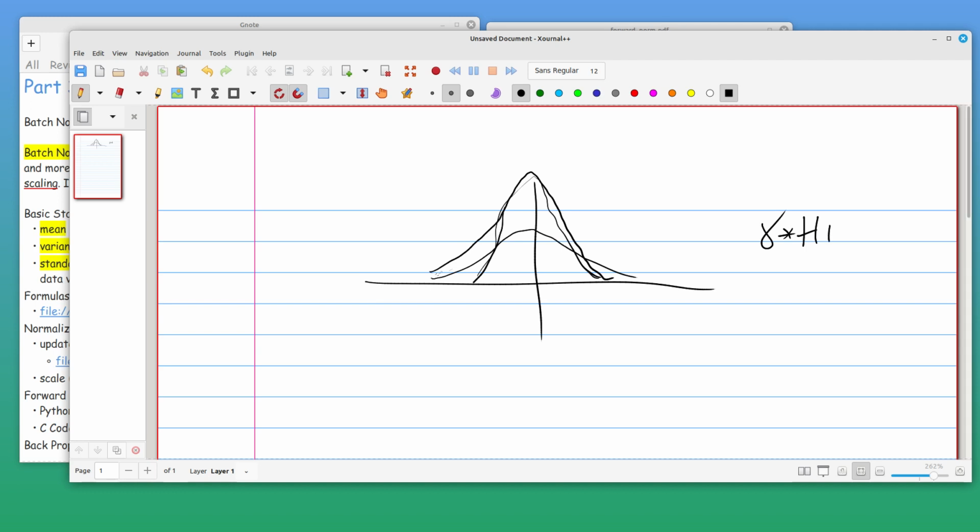Whereas the shift beta can move it over, maybe a little bit to one side. This is my own personal impression. I could be 100% wrong here, but I think that's what's happening.